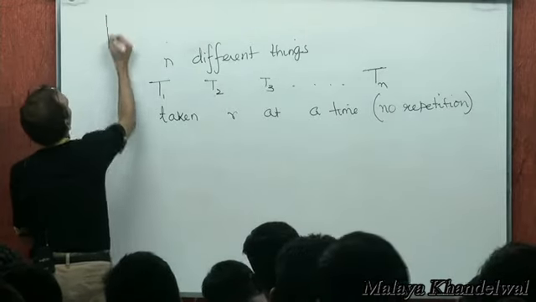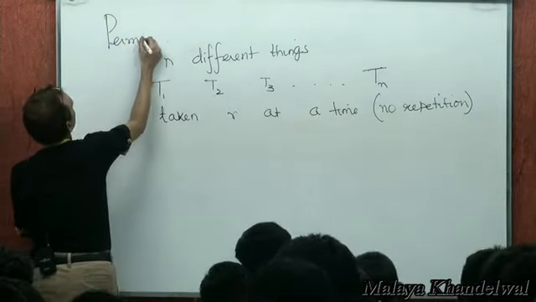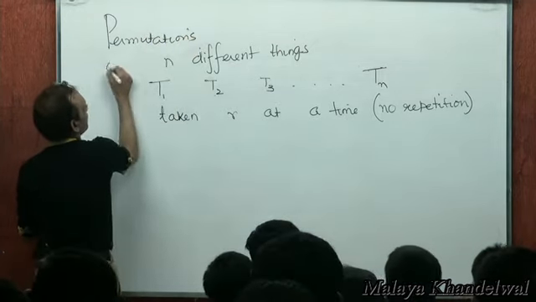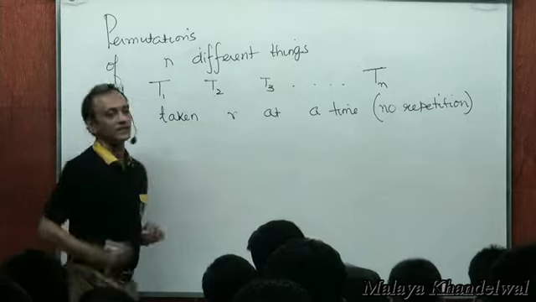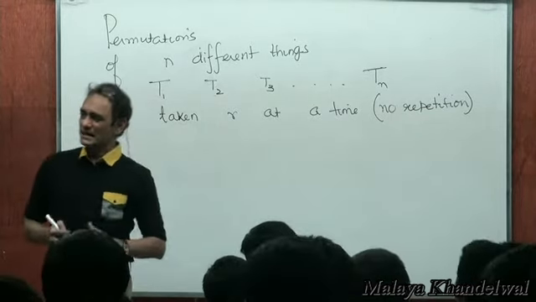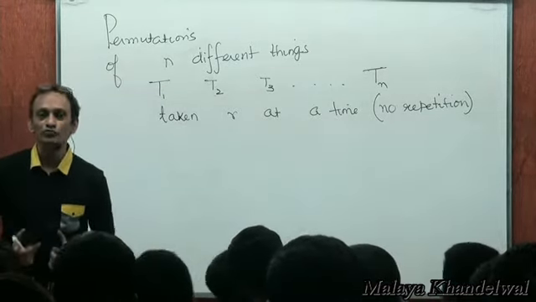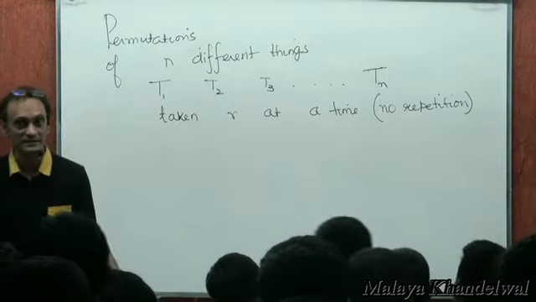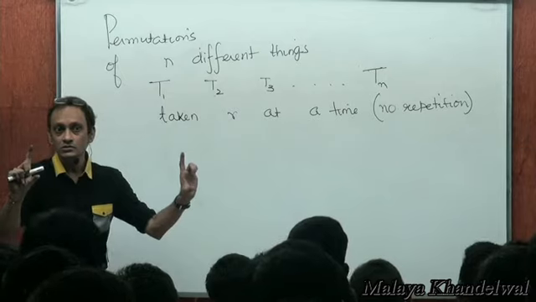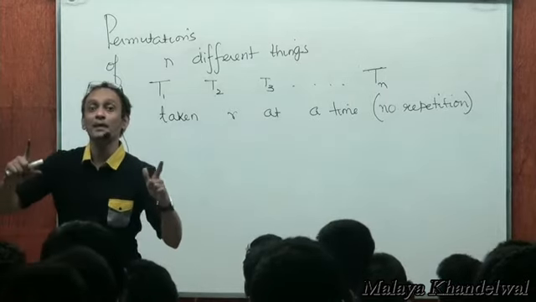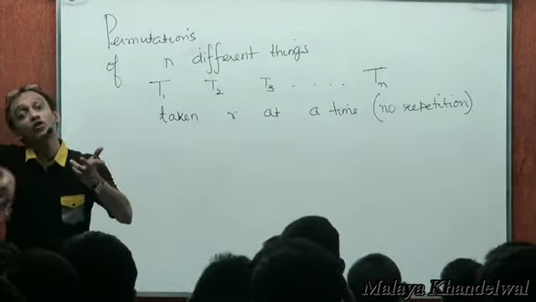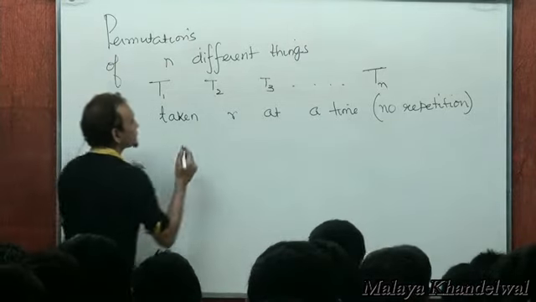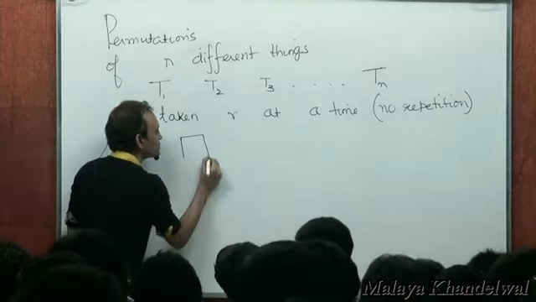That means I'm talking of permutations of n different things taken r at a time, no repetition. Now this is a simpler situation because it's about filling up spaces. When I'm trying to build order, I'm filling up spaces, right? So r spaces to be filled up by n different things without repetition. That's the objective, right?